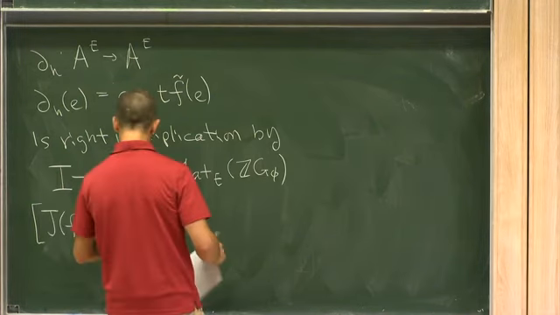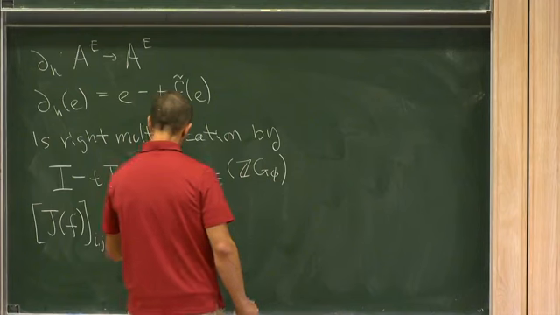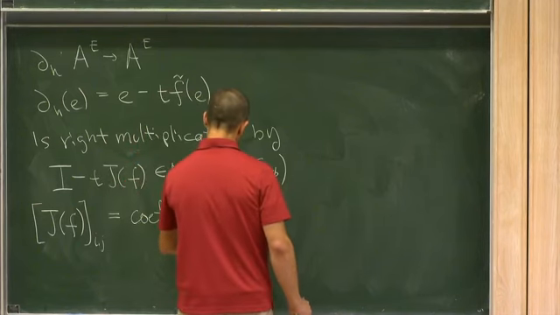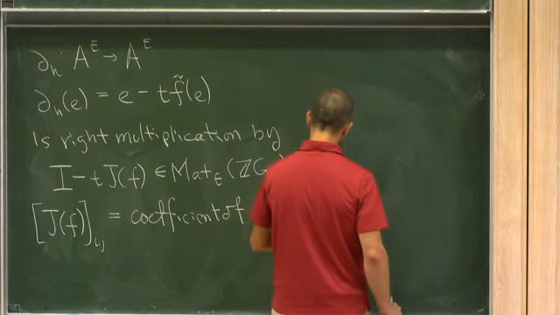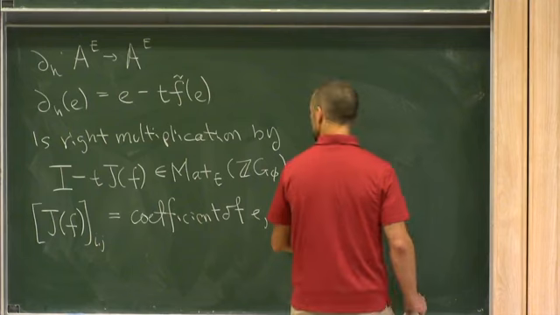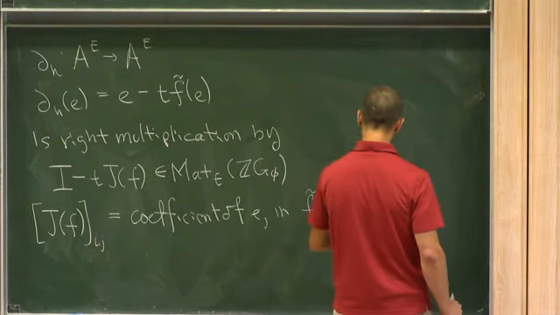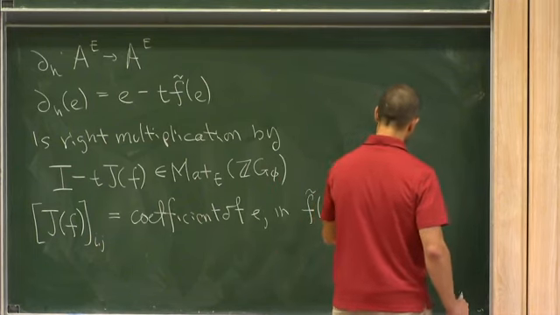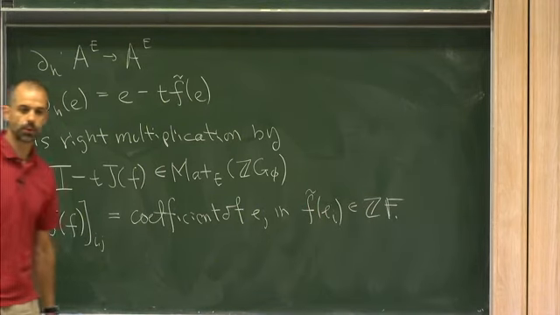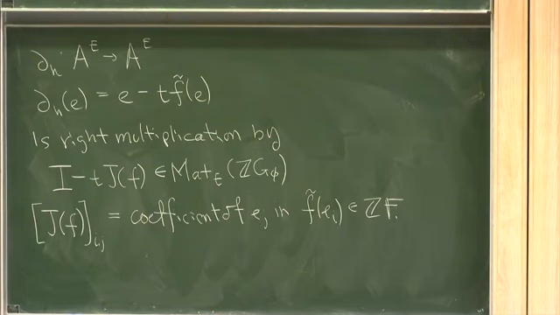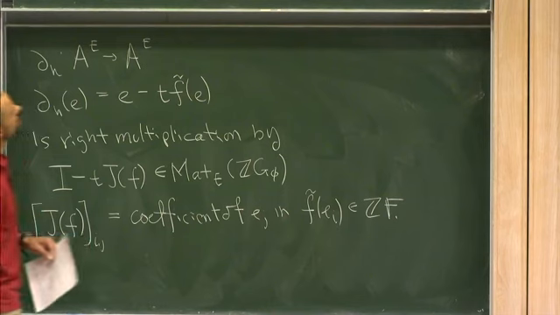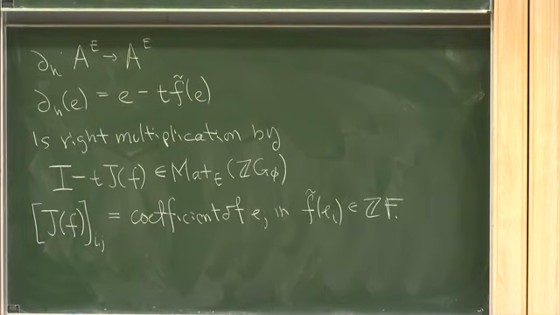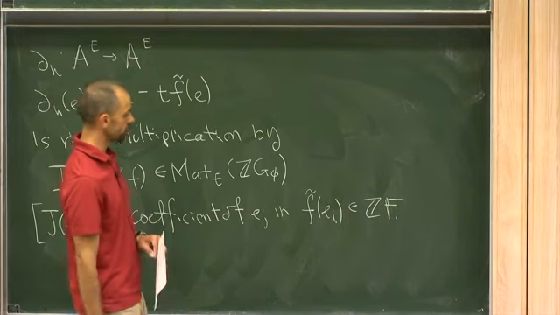So this is the coefficient of E_j in F tilde of E_i, and this now is an element in the group ring over the free group. So you're thinking of certain edges in the universal cover of gamma that you're identifying as giving you the basis for your 1-chains.